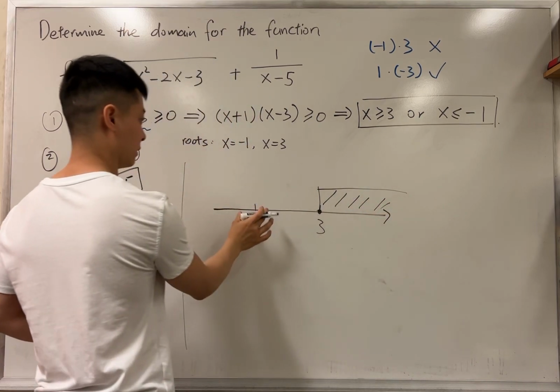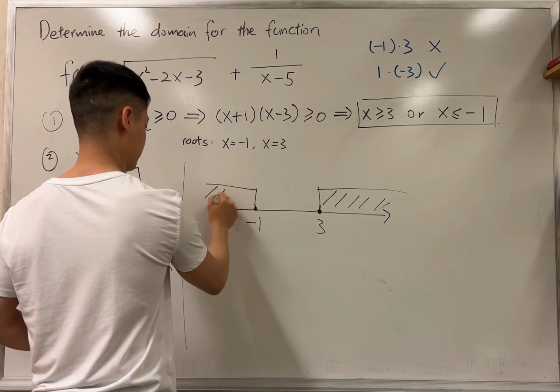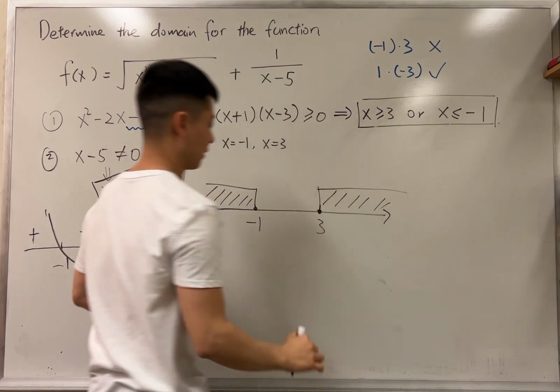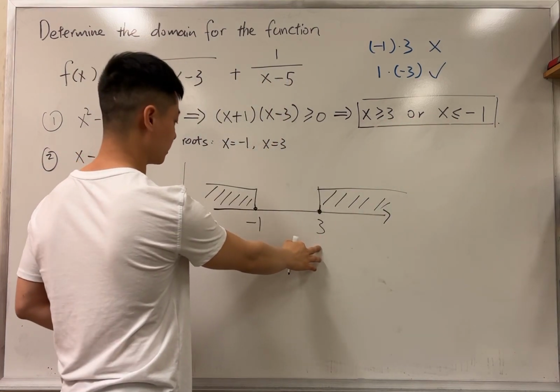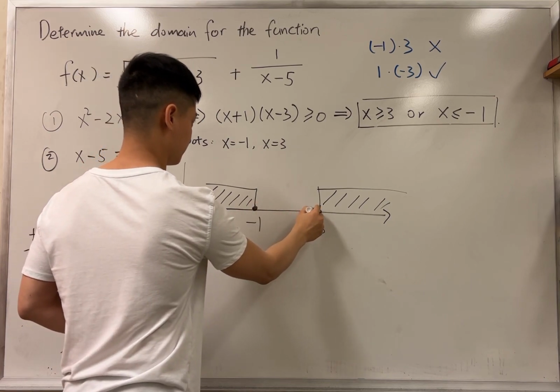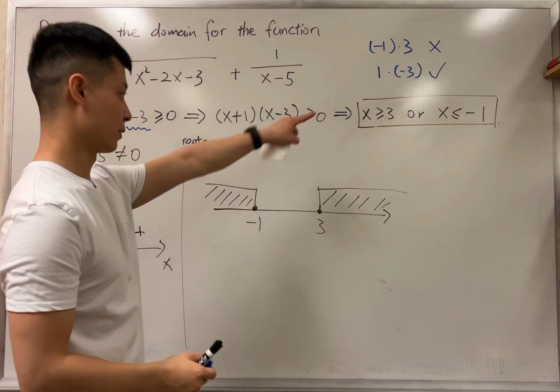And then x less than negative 1 tells us that we need to go this way. And the equal sign here indicates that 3 is included and negative 1 is also included.